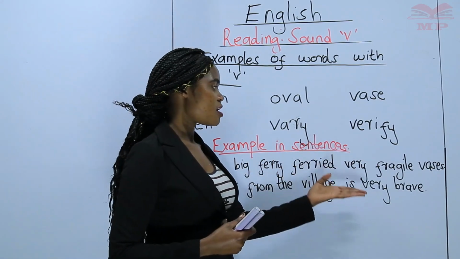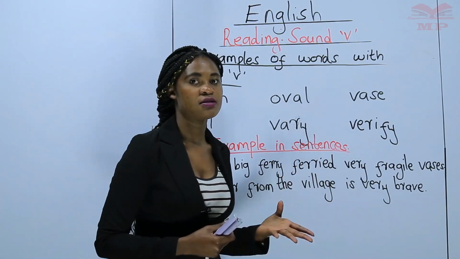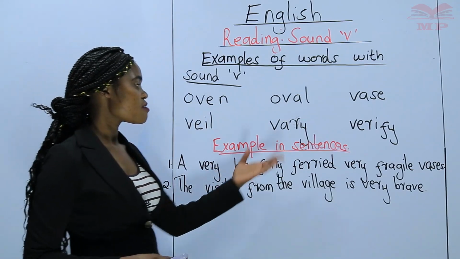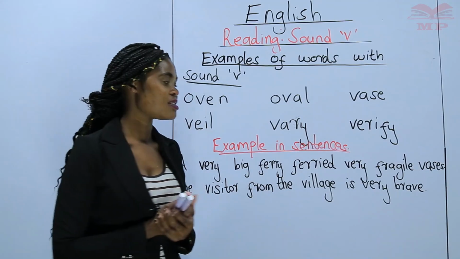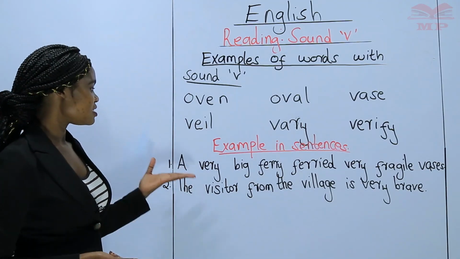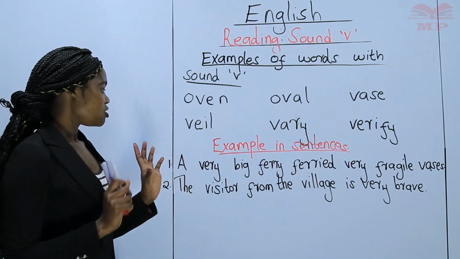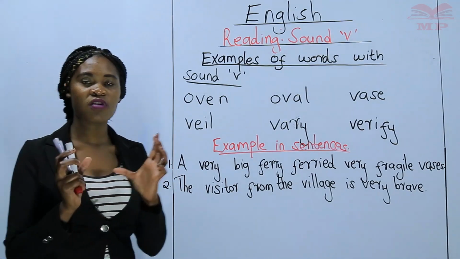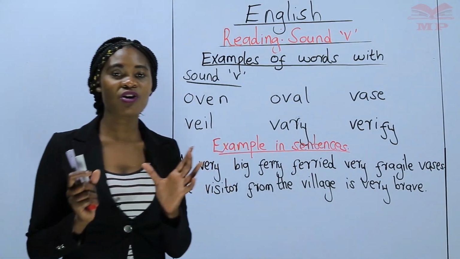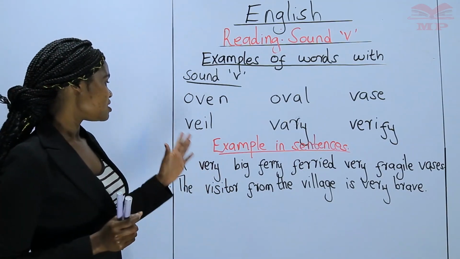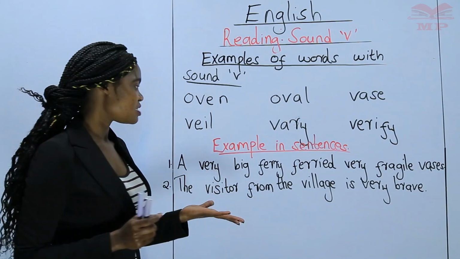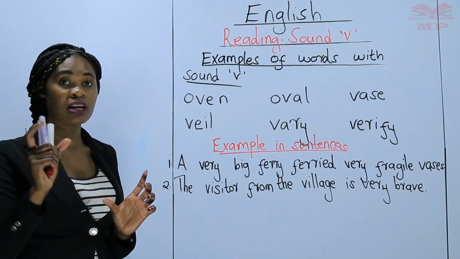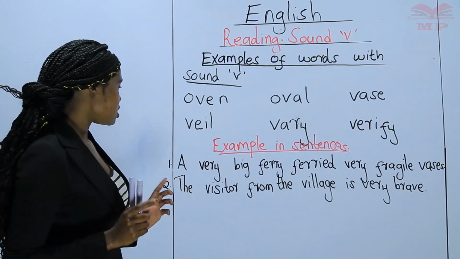A very big ferry ferried very fragile vases. Now this sentence looks as if it's a tongue twister, and when you are reading it, you're supposed to be very careful. You look at each word, because there are some words you can say sound V instead of sound. So as you read the sentence, make sure that you are looking at each word.